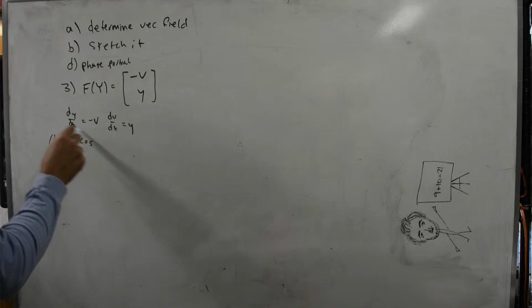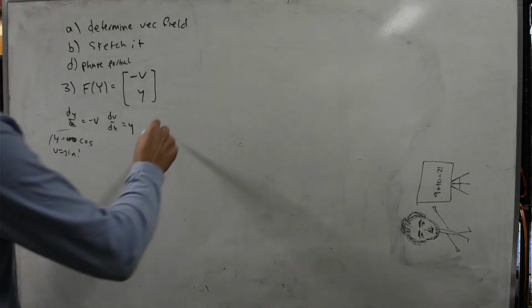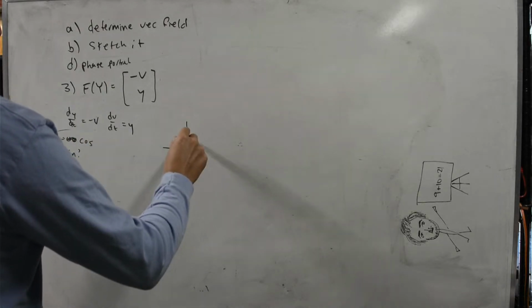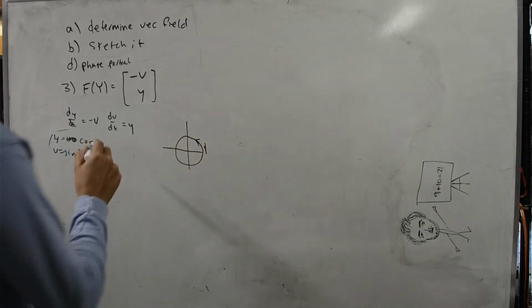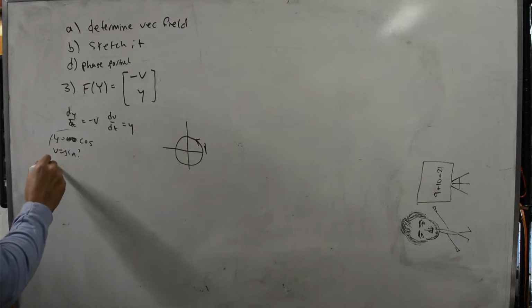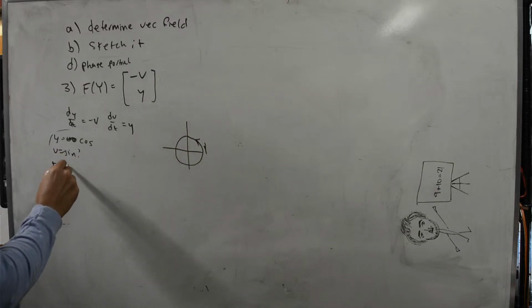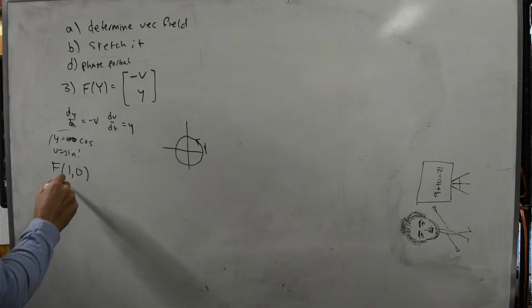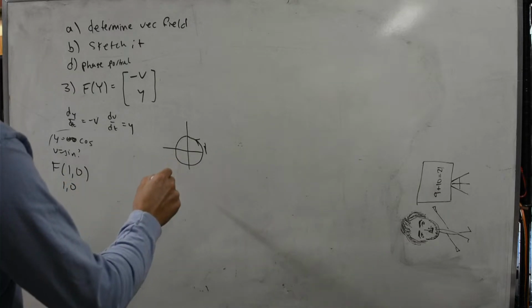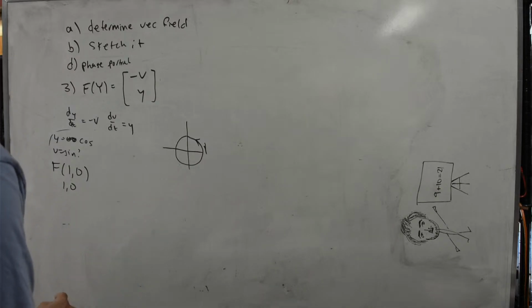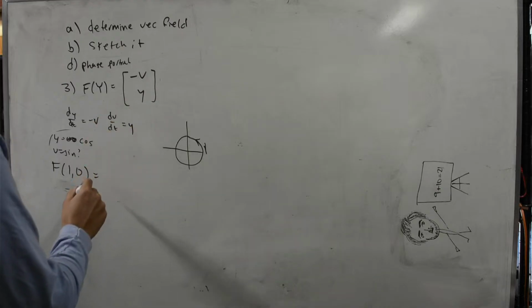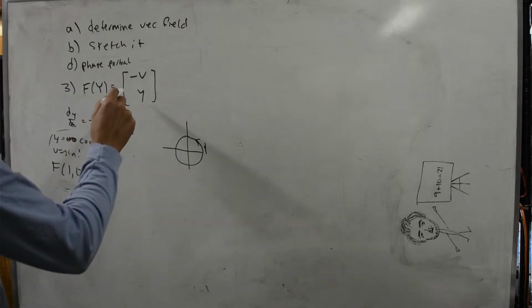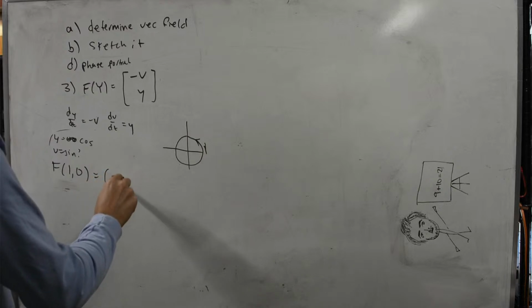Yeah, so this is a solution. But we need to figure out which direction it's moving. So at f of (1, 0), we're going to get... no, this is wrong. At (1, 0), we're going to get (0, 1). Yeah, so this is pointing up.